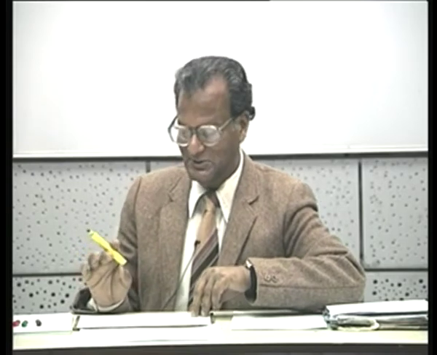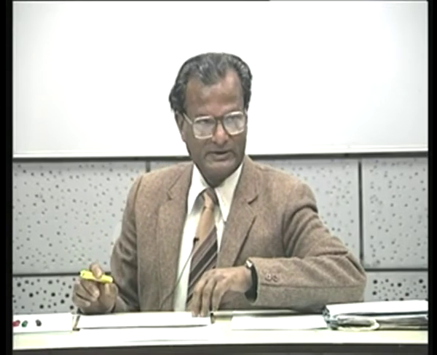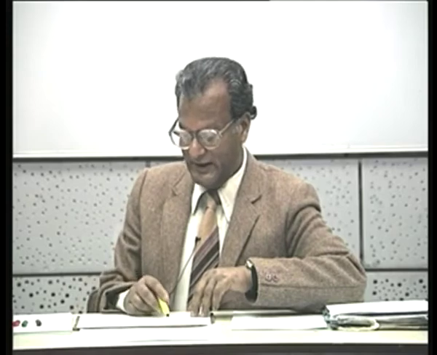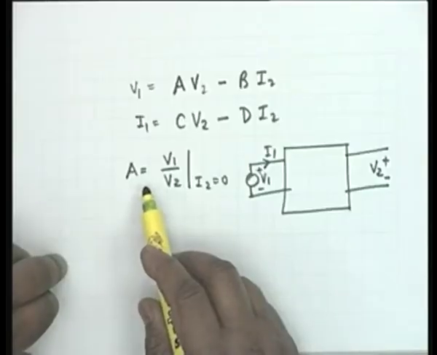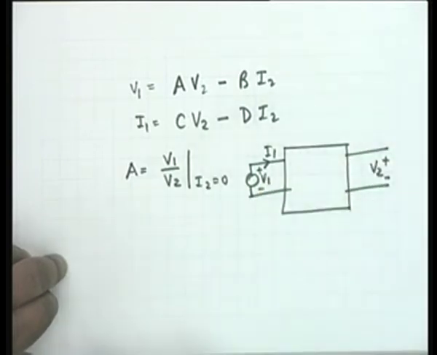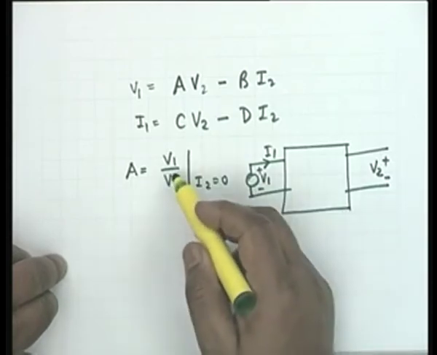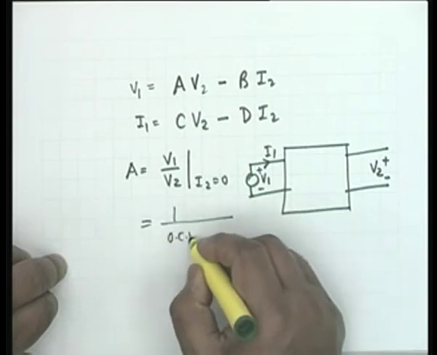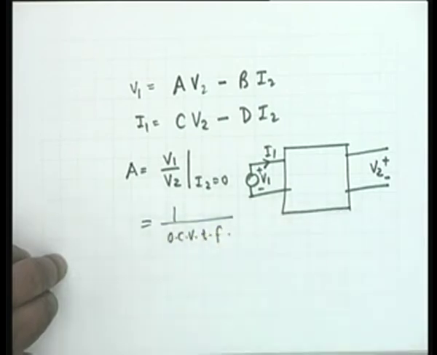So, in terms of measurements, measurements have nothing to do with what we call independent parameters, independent currents or voltages. But you see that A is obviously the reciprocal. The open circuit voltage transfer function is V2 by V1, and A is the reciprocal of an open circuit voltage transfer function.